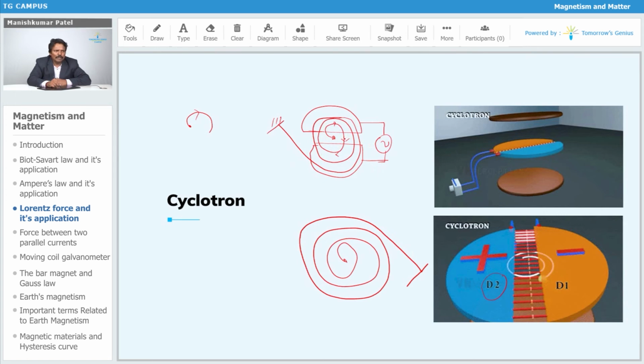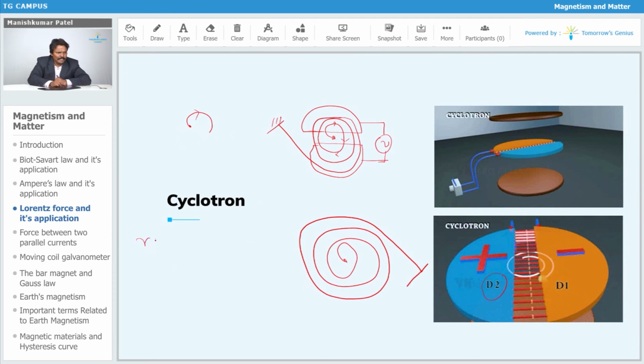The electric field is used to increase the speed, and the magnetic field is used to bend the path. So the particle gains speed and momentum, the radius continuously increases, and finally it comes out and hits the target, which generates the energy.